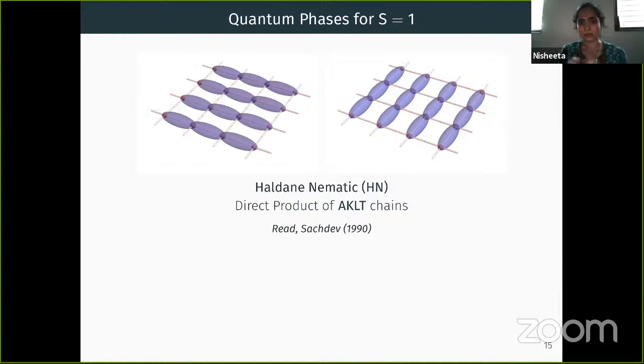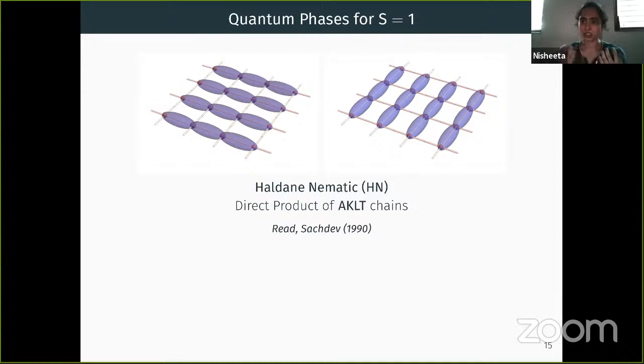In case of spin one, you can have even more interesting quantum phases. Apart from the columnar valence bond solid phase, you can also have what we call the Haldane nematic phase. This phase is a direct product of AKLT chains in either the X direction or the Y direction. So you can see that this phase breaks the rotational symmetry of the square lattice and keeps the translational symmetry intact.